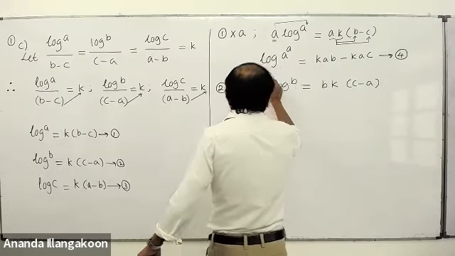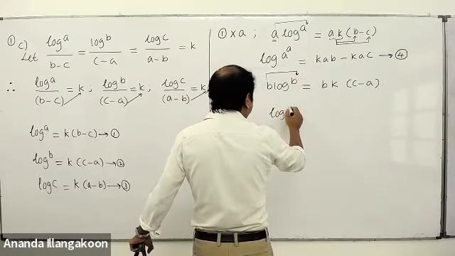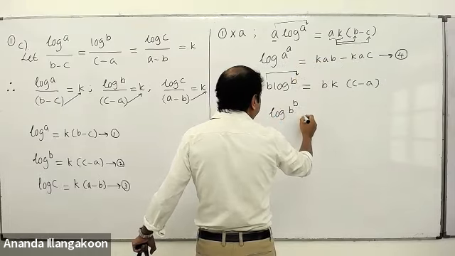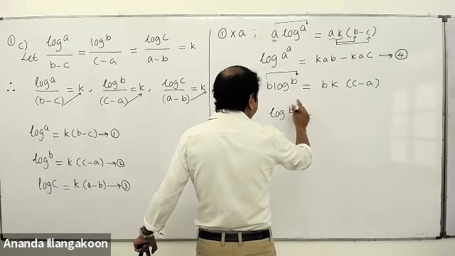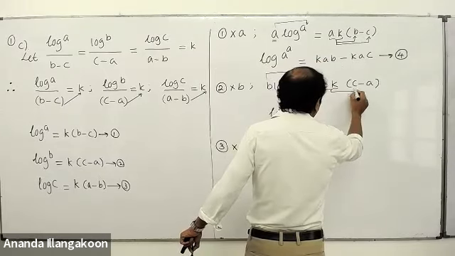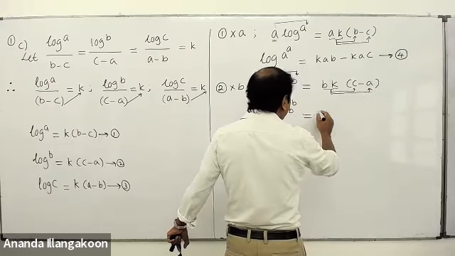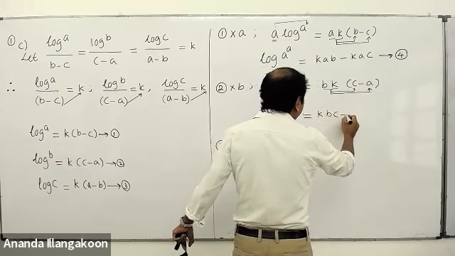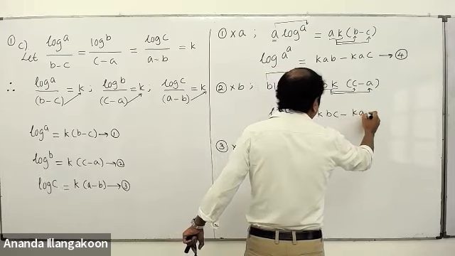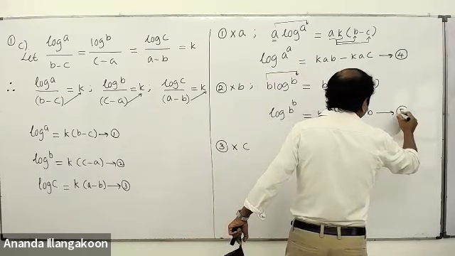This b I can bring here: log b to the power b. Now multiply this by both terms. What do you get? kbc minus kab. This is number 5.